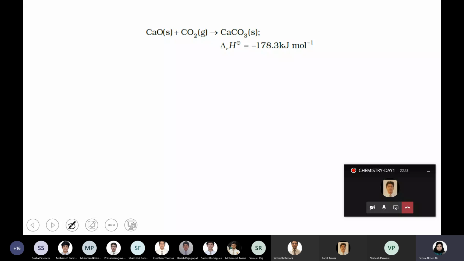So here is one more example. Here you can see calcium oxide and carbon dioxide giving calcium carbonate, and it is written enthalpy of reaction, not the enthalpy of formation. Again, as I said, here 2 different reactants are reacting to give you calcium carbonate, so it is not enthalpy of formation.